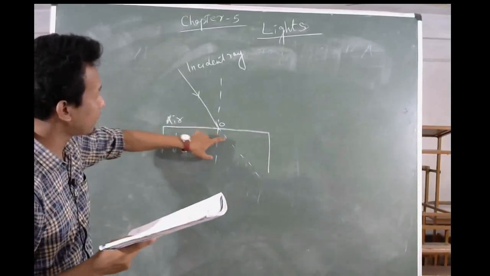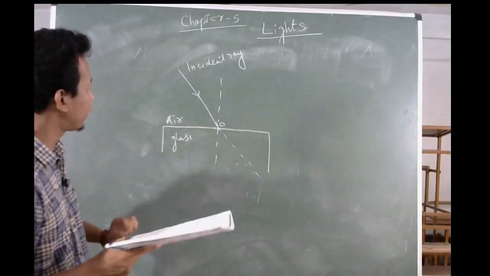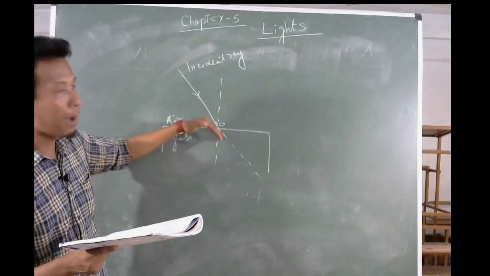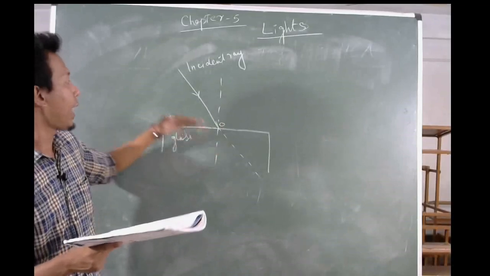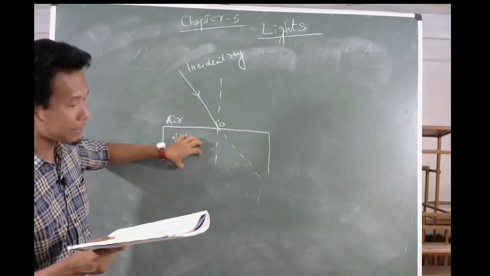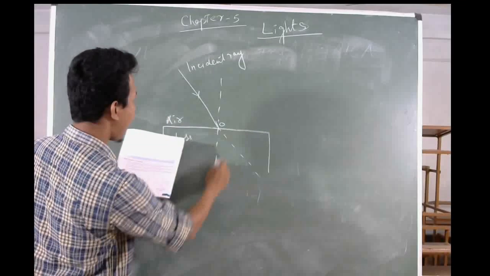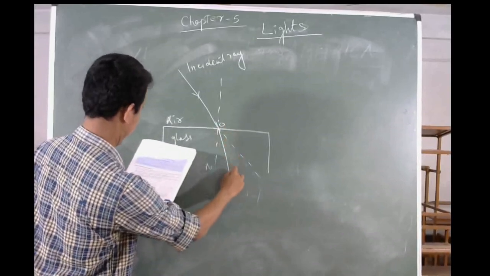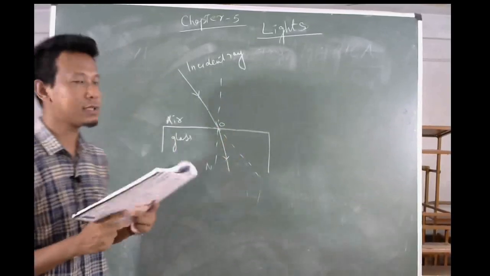So what will happen? Normally at this angle, it should travel along this particular path. But due to refraction, the path will get bent, the light will get bent. And when the light is traveling from optically rarer medium to optically denser medium, the light will bend towards the normal. Okay, remember this.